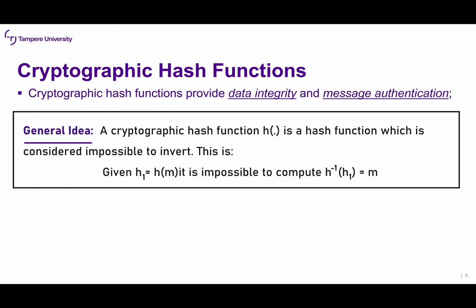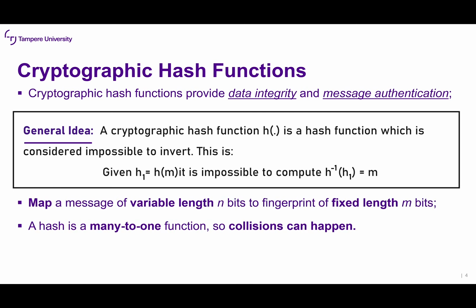So the general idea is that the cryptographic hash function, denoted as H, is a hash function which is considered impossible to invert, which means that given H(m), the hash of m, it should be impossible to compute an inverse function, a function that takes as input the hash of m and is able to recover m. So that's the general idea of a cryptographic hash function. Now, a cryptographic hash function is similar to a checksum.